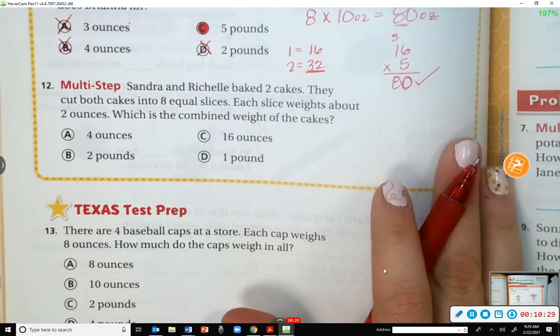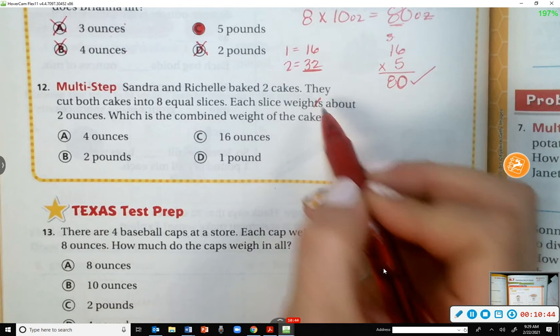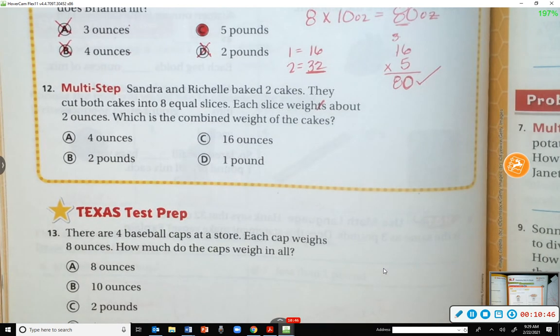Okay, number 12. Sandra and Rochelle baked 2 cakes. They cut both cakes into 8 equal slices. Each slice weighs about 2 ounces. What is the combined weight of the cakes?